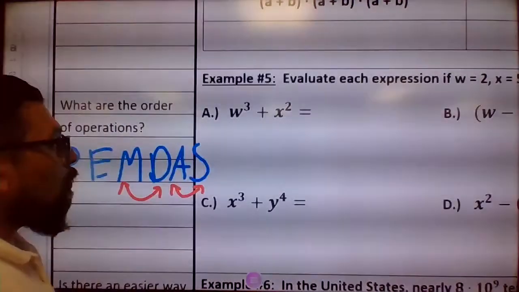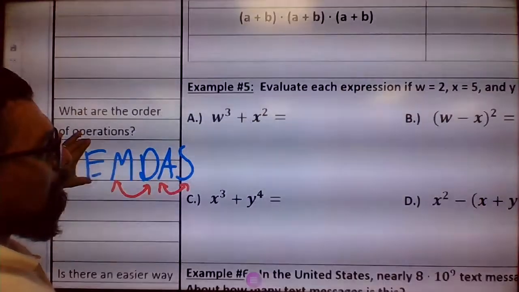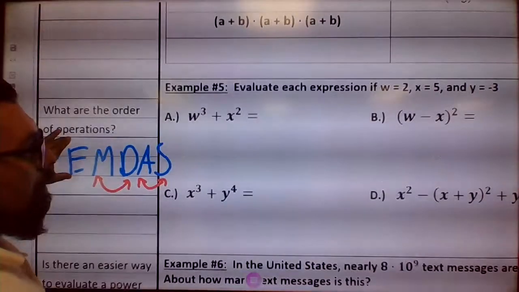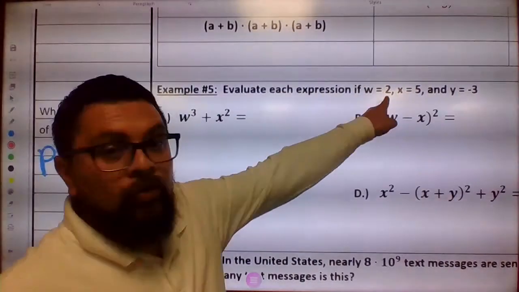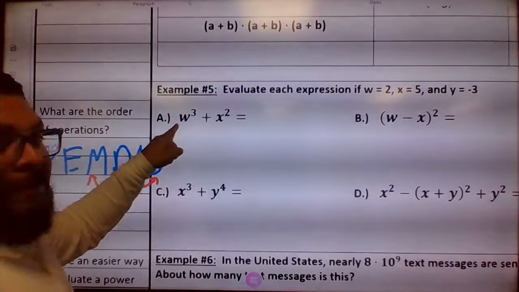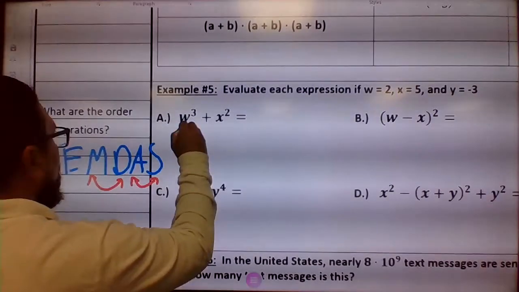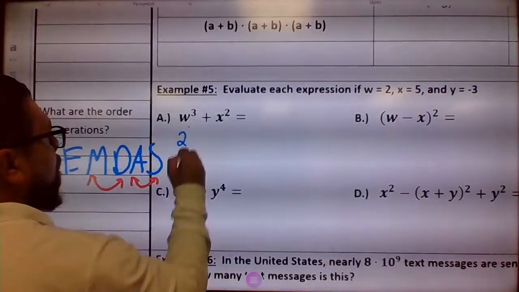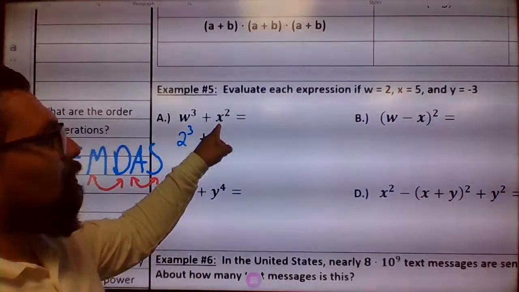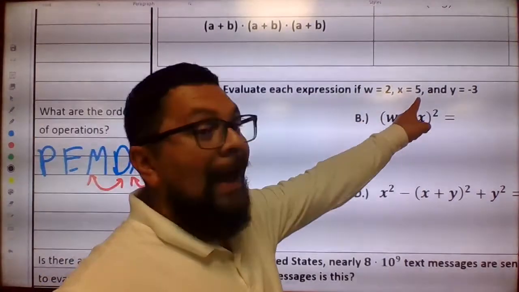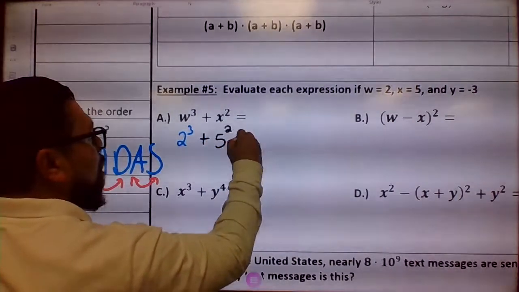We can see over here that W is 2. So wherever we see a W, let's put 2. So 2 to the third plus, and then X, what's X? X is 5. So it would be 5 squared.